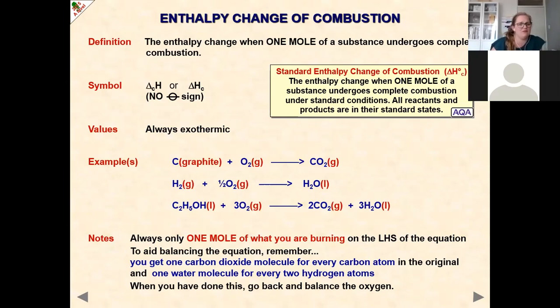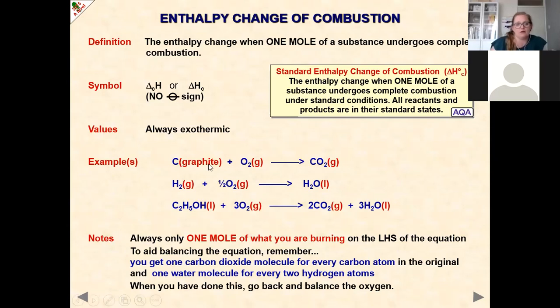So we've got examples of graphite and oxygen making carbon dioxide. Again, the same as enthalpy change of formation, it is always only 1 mole of what you are burning on the left-hand side of the equation. So whatever is happening over here on the left-hand side, it is always just 1 mole. And to aid balancing the equation, you need to remember you get 1 carbon dioxide molecule for every carbon atom.